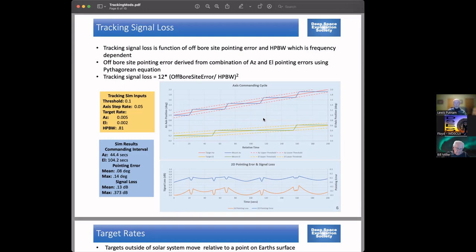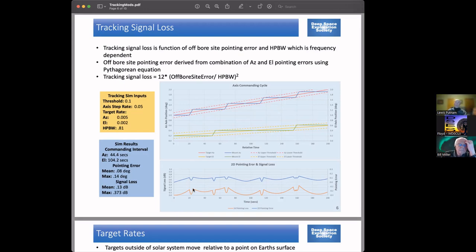Down below, the lower chart shows the pointing error in the blue, and then in the red or orange, it shows the loss. And these are 2D values, not just due to one axis. So the error in each axis combines to create a larger error than either one of those axes.